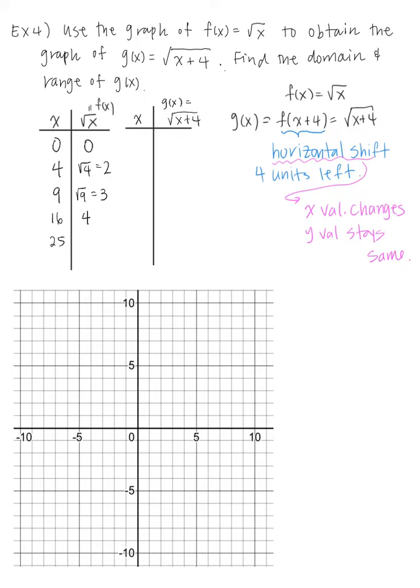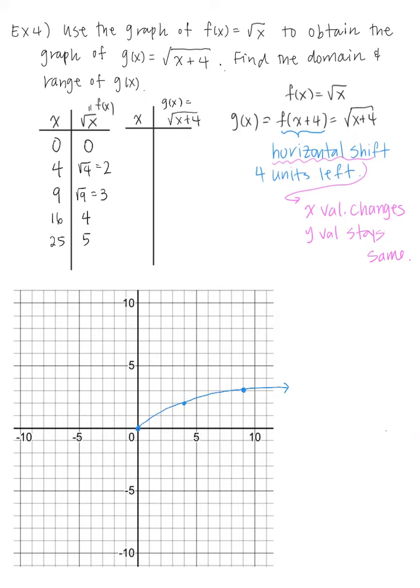And then 25, square root of 25 is 5. Okay, so let me just jot down those points. So I'm going to have 0, 0; 4, 2; 9, 3; and then 25, 5. But anyways, this graph is going this way.